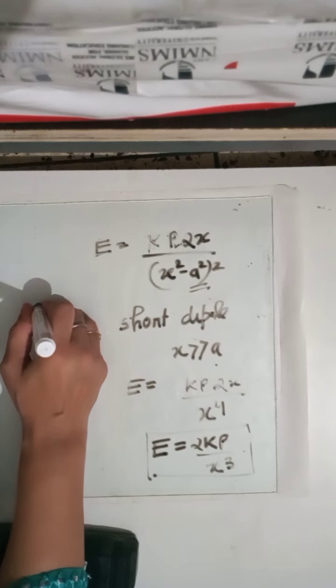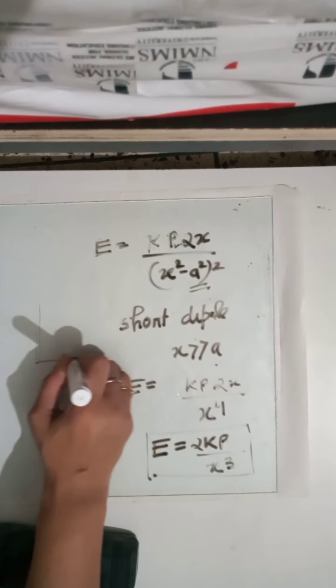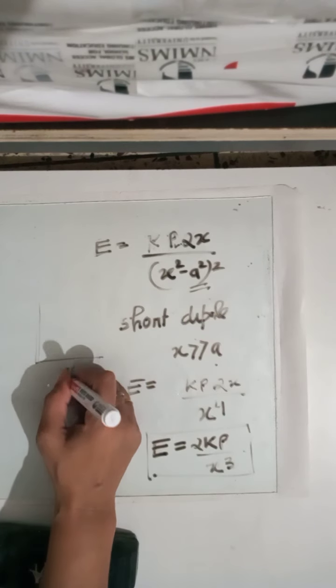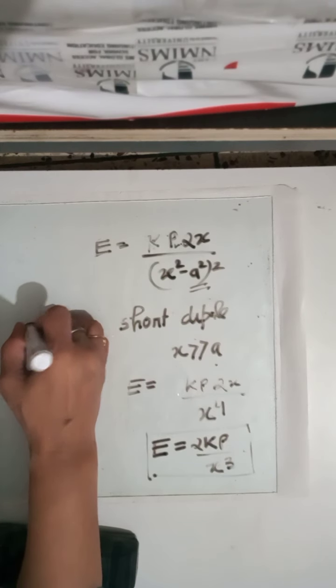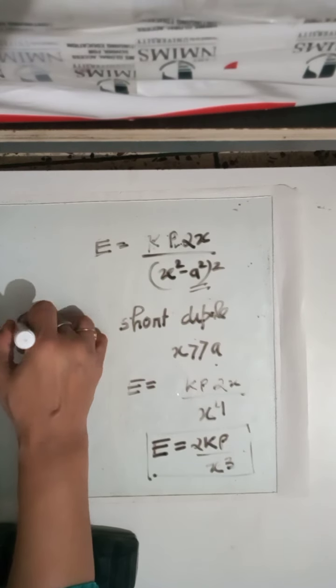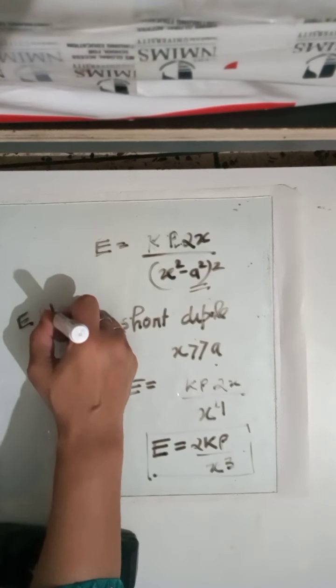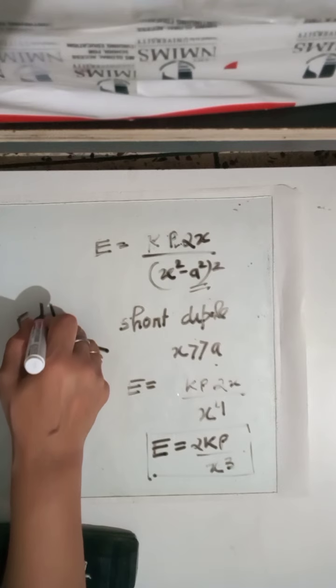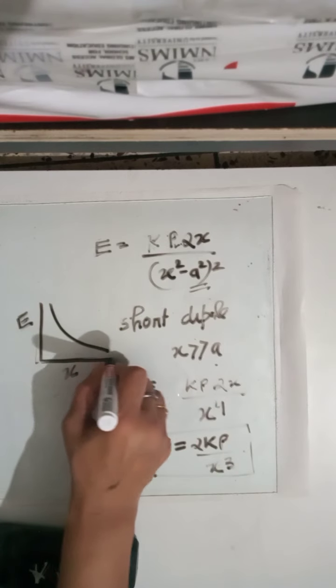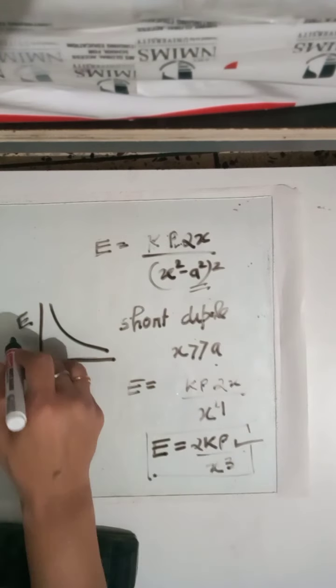If we draw the graph between the electric field and the distance at which the point lies, you will get the nature of the curve in such a way. This will be the nature of the curve if we draw the graph between E and x.